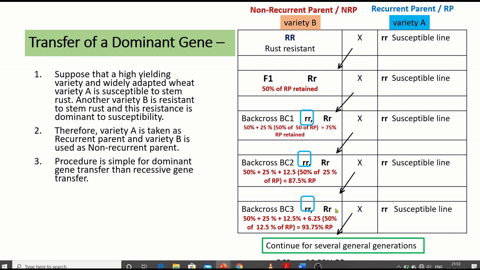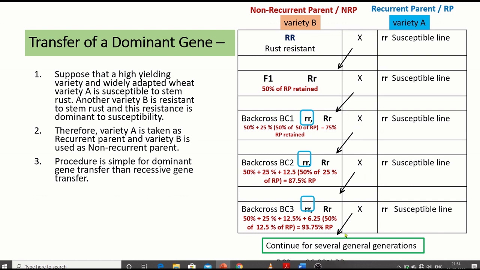Our intention would be to reduce as much of the donor parent's genome as possible, because we don't want deleterious or undesirable genes from the donor parent attached along with the desired gene.